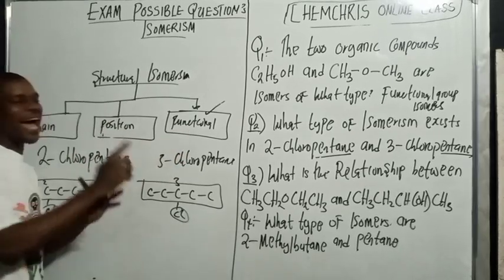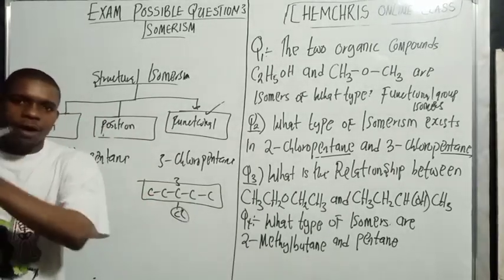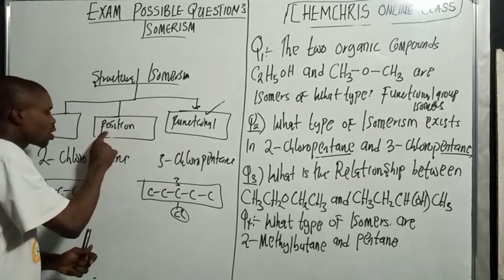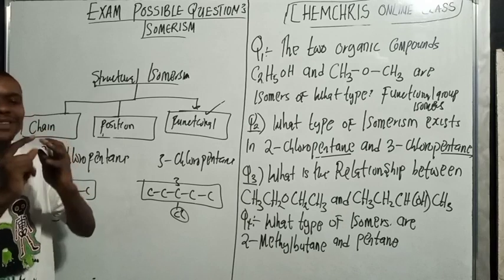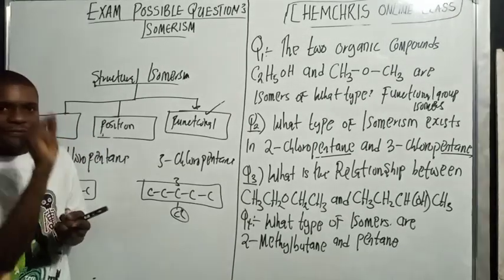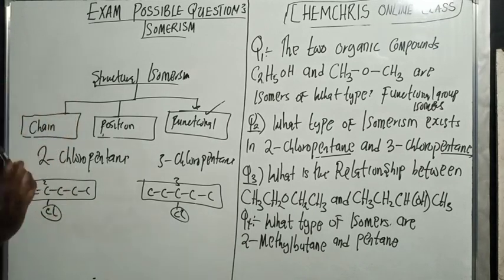So now let's recap so that you can differentiate the two of them. Functional isomerism: they have the same molecular formula but different functional groups. Number 2, positional isomerism: they have the same molecular formula and the same parent chain, but differ in the position of the functional group. Now let me give you a typical example.